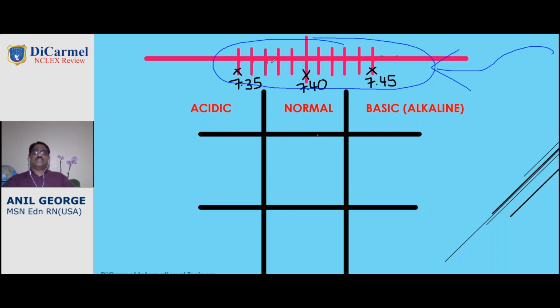We know the normal pH range is 7.35 to 7.45, where 7.4 is the perfect center. And I probably mentioned before, even though it is between 7.35 and 7.45, if it is going towards 7.35, that means it's leaning towards the acidosis side.